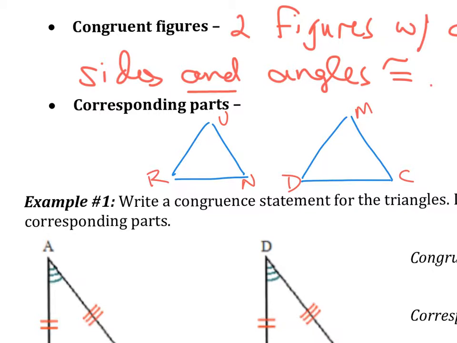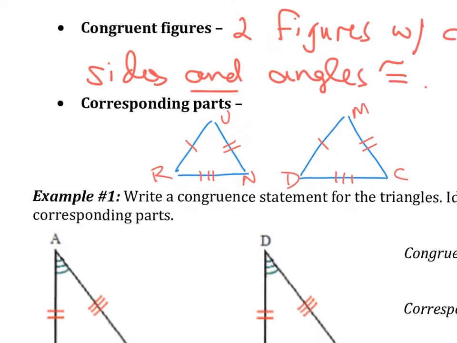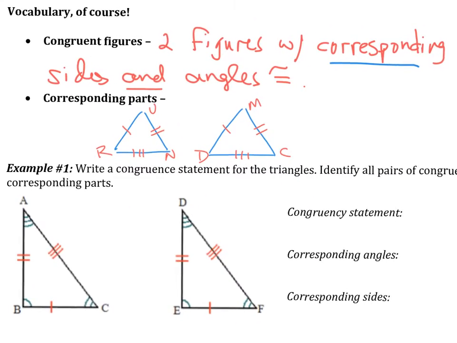Next, I'm going to put a tick mark here and a tick mark here. I'm going to put a double tick mark between the U and the N, and then between the M and the C. And then I'm going to put triples down on the bottom. Okay? So here's what we mean by corresponding parts.